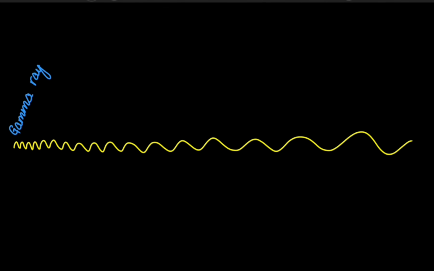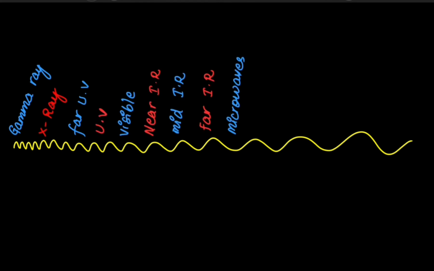The consecutive radiations now I am giving you. After gamma ray is X-ray, far UV, UV, visible, near IR, mid IR, far IR, microwave and radio waves. So here I have also indicated the frequency in Hertz. You can see that the frequency is very high for a gamma ray, or you can also say that the energy of gamma ray is very high.